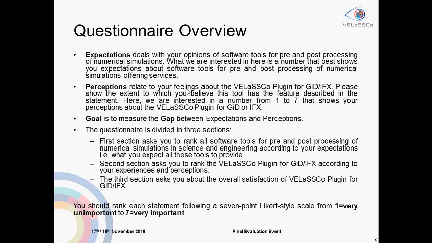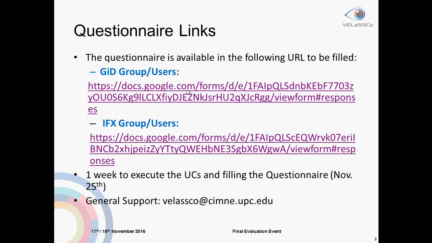And finally, the third section asks you about the overall satisfaction of the VELaSSCo plugin for IFX. You should rank each statement following a 7-point Likert scale from 1, which means very unimportant, to 7, which means very important.